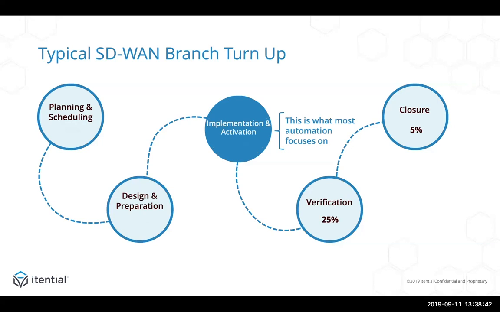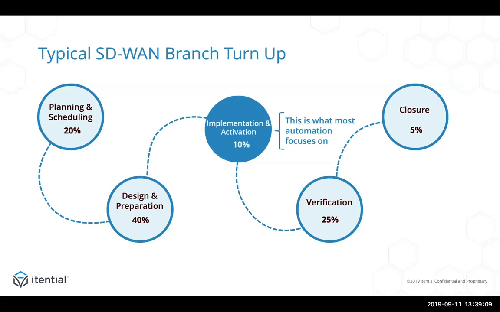But the main thing we wanted to focus on is that when people talk about adopting a modern network concept, or they talk about deploying SD-WAN, a predominant amount of that focus and energy is really around the implementation and activation. And when we think about the overall work effort to deploy a new SD-WAN branch, the implementation portion is actually a minority of the entire process.